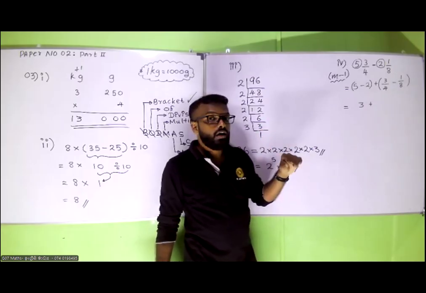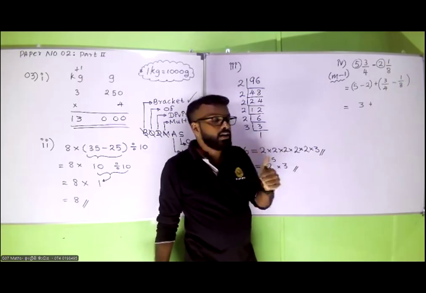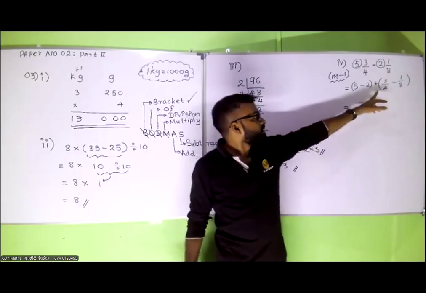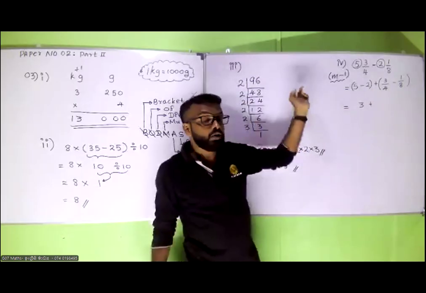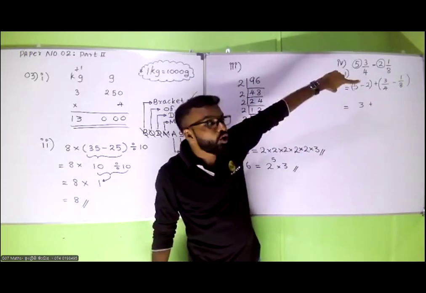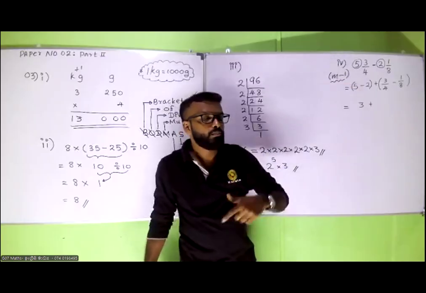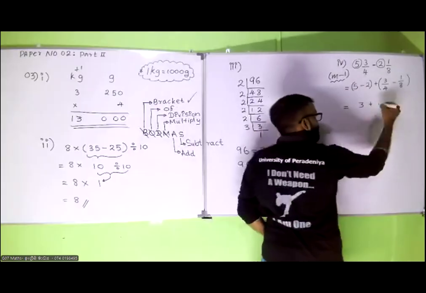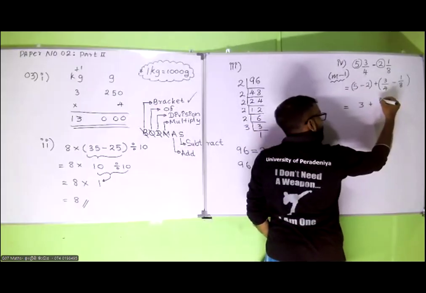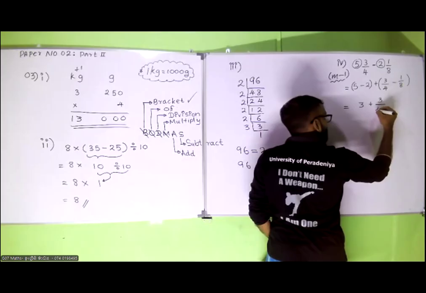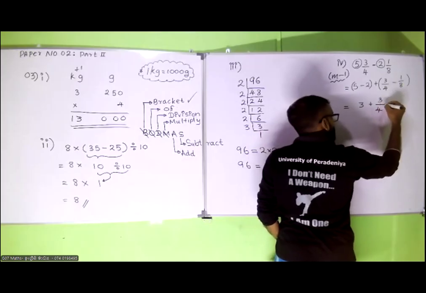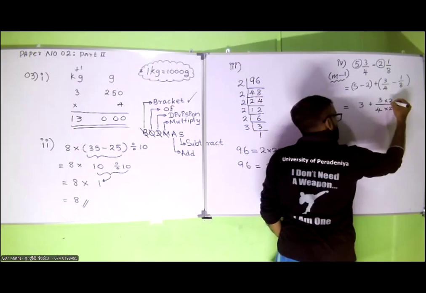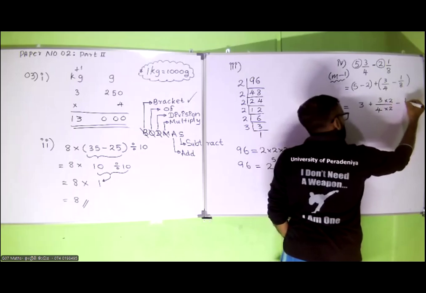But at once you can identify that denominator 4 can be converted into denominator 8 by multiplying by 2. So here you have 3 upon 4, and I am going to multiply this side by 2 and this side by 2, and 1 upon 8.